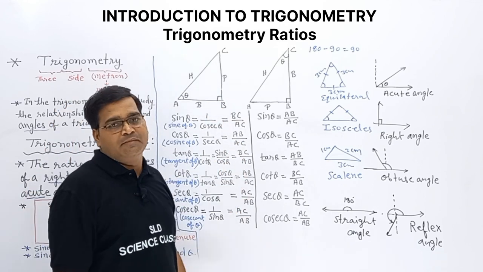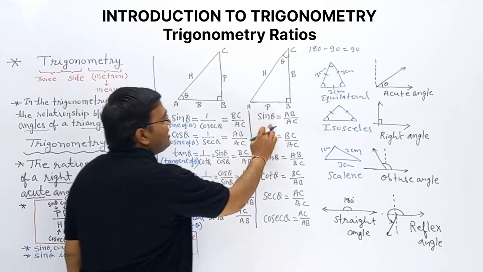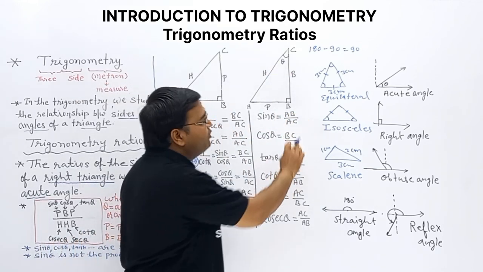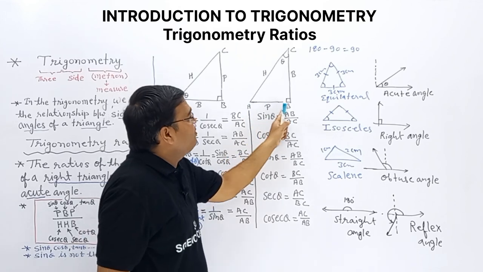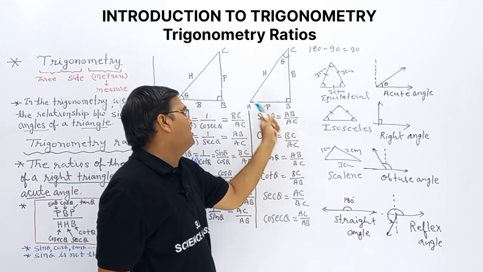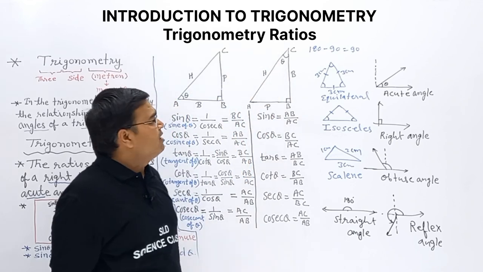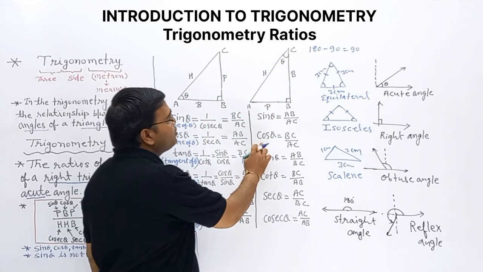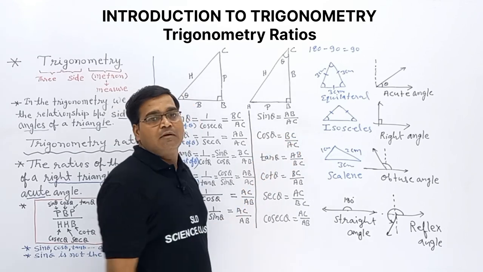Once you understand these things, I guarantee you will not do any question linked to this wrong. Listen, sin theta will be what? Perpendicular upon hypotenuse. So perpendicular is AB. We cannot write BC. Perpendicular will be AB upon AC. In both we have the same hypotenuse AC. Now cos theta is base upon hypotenuse.